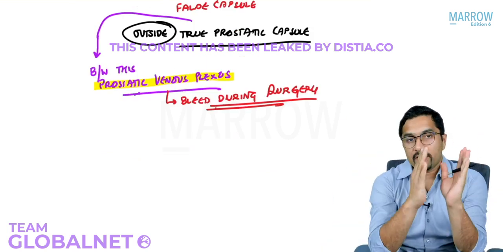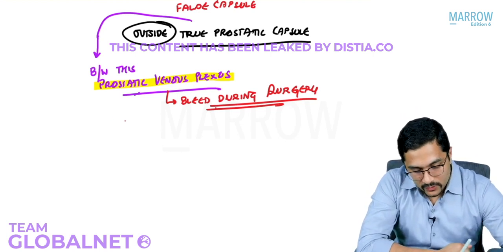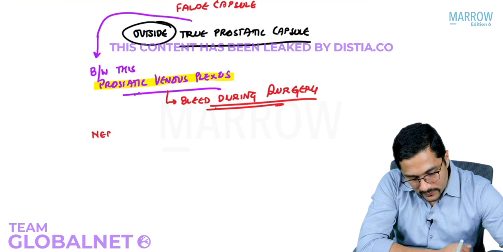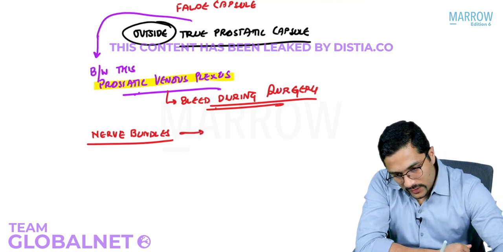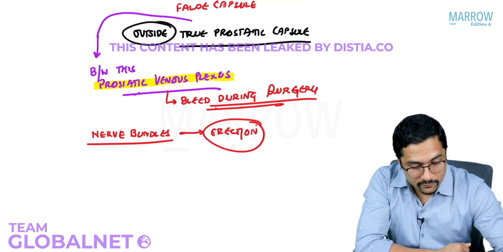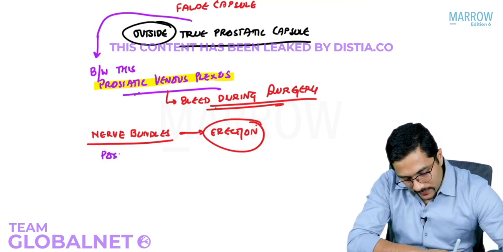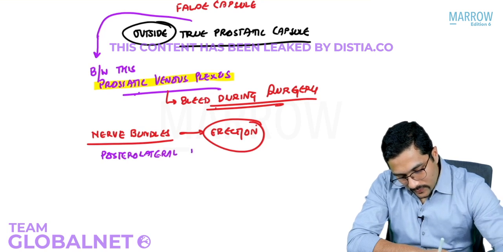Now another thing you need to know: the nerve bundles which are responsible for erection lie posterolateral to the capsule.